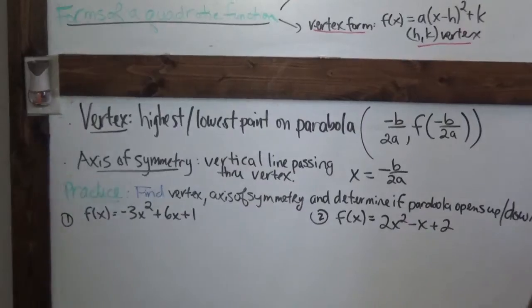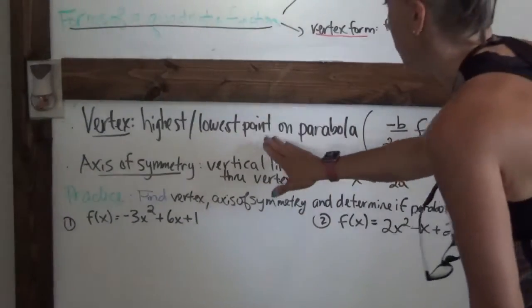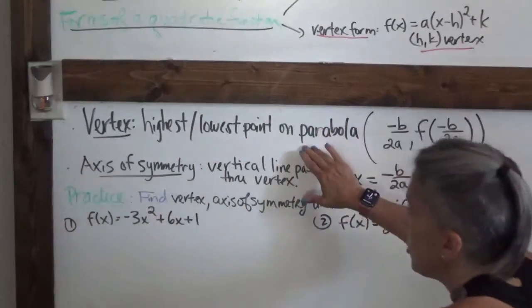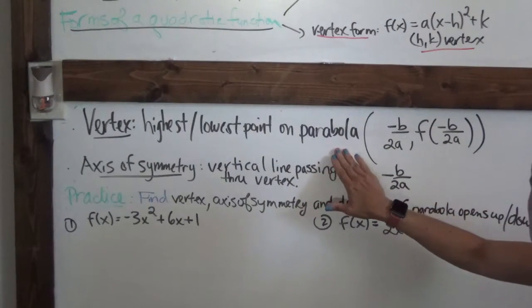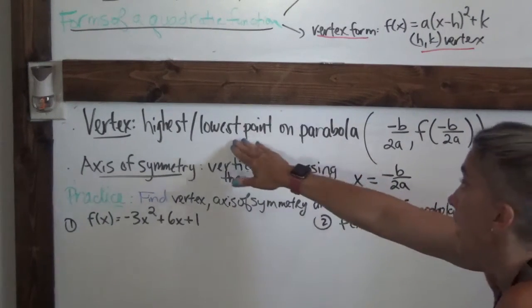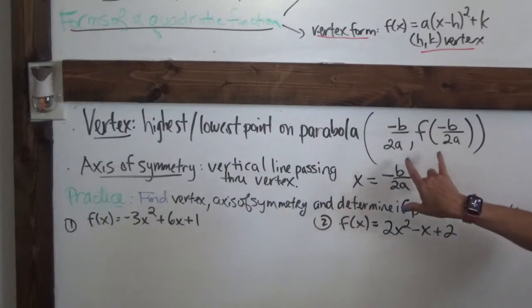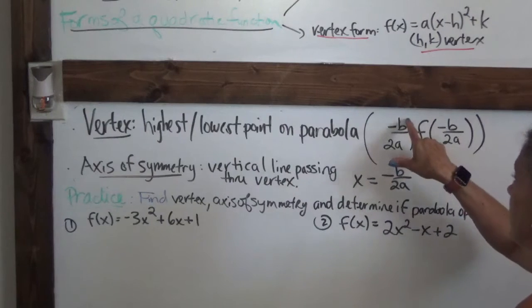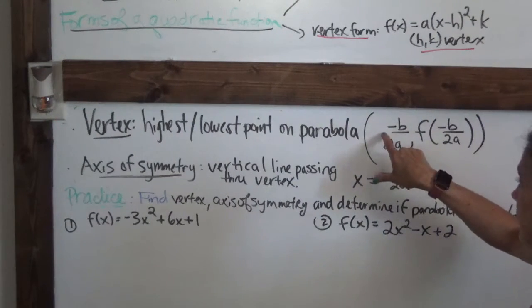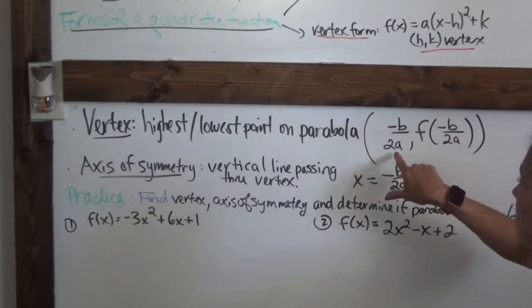Okay, now we're going to be getting into specific formulas for a quadratic function. We want to actually know how to figure out the vertex of a quadratic on the parabola, that high-low point, and this is the formula. So this is real important for your notes. We're taking our b, negating it, negative b, and all dividing it by 2a.